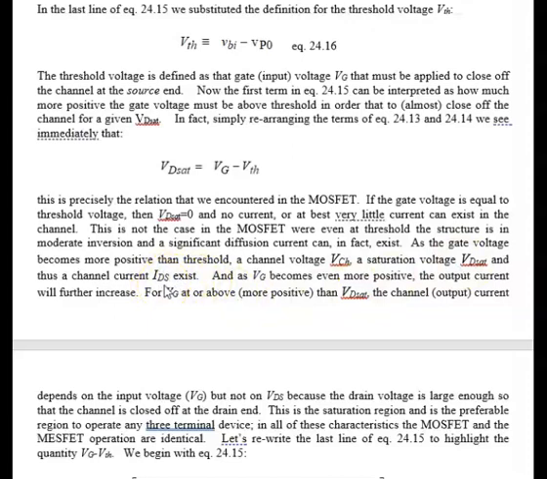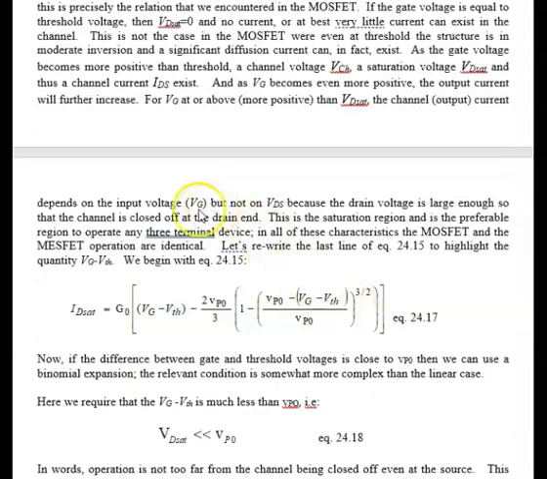As VG becomes even more positive, the output current increases further until it gets to VD-SAT, like I just said, and then we have ID-SAT.